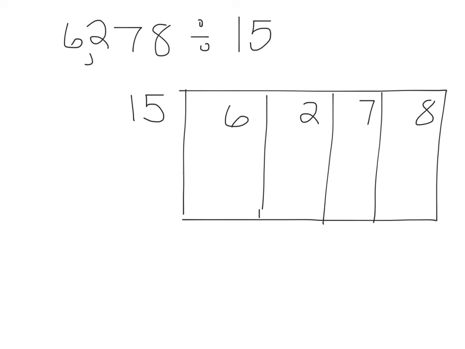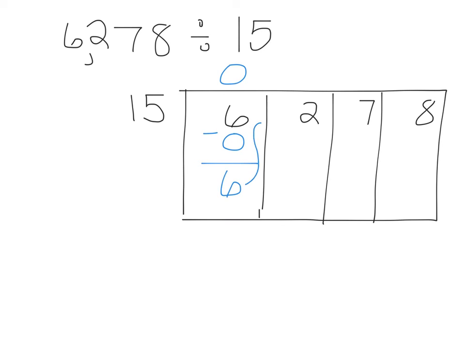Alright, for my multi-digit box division, if I had 6,278 divided by 15, I put my 15, the small number, on the outside. And then I have the 6, 2, 7, and 8, each in their own separate box. 15 cannot go into 6, so therefore I'd put a 0 here. 0, subtract, I end up with 6.